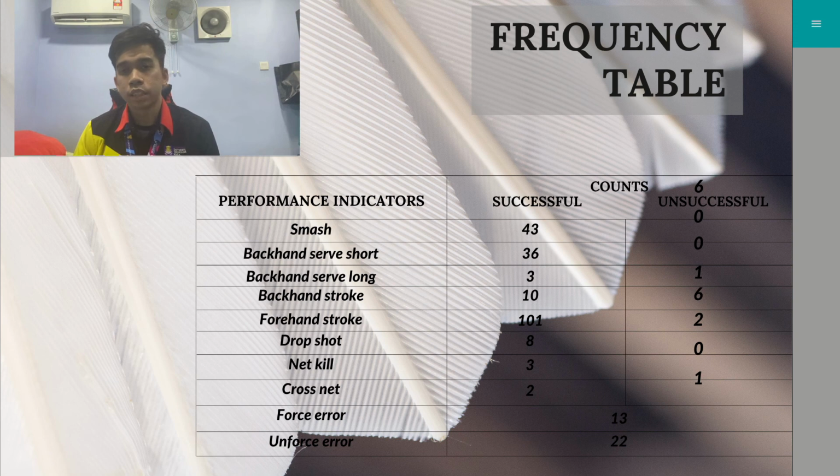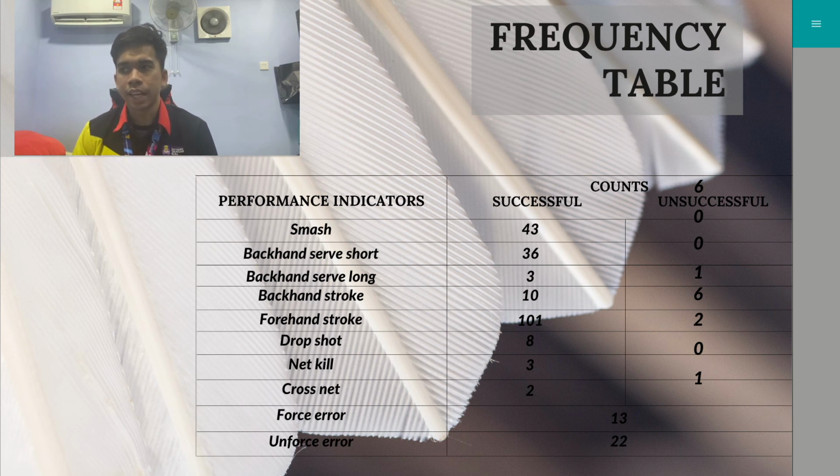The fifth one is forehand stroke. There are a total of 107 forehand strokes executed by Lee Zii Jia, and 101 are successful, while the other 6 are unsuccessful. The sixth one is drop shot. Of the drop shots he attempted, 8 were successful and 2 were unsuccessful.